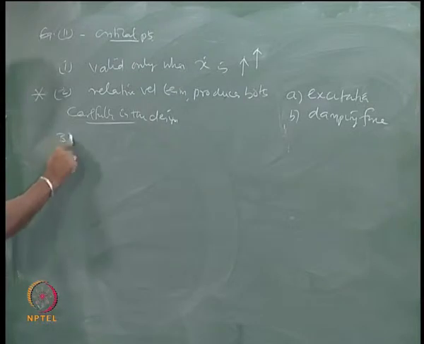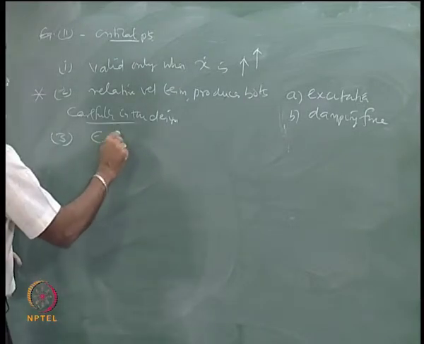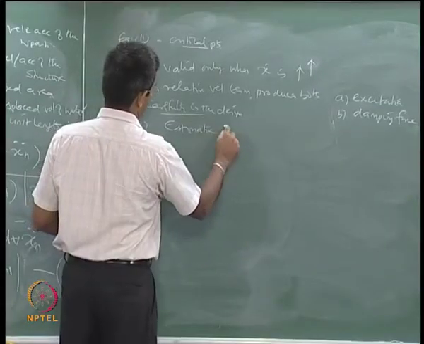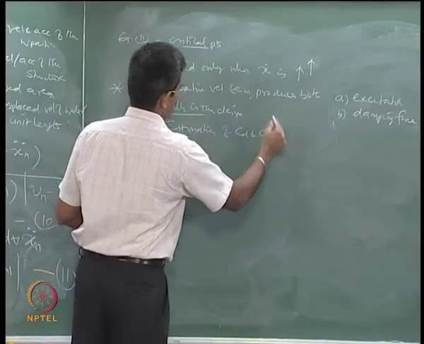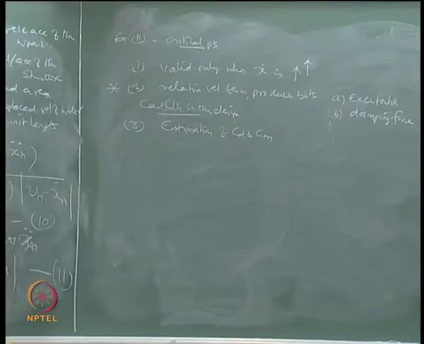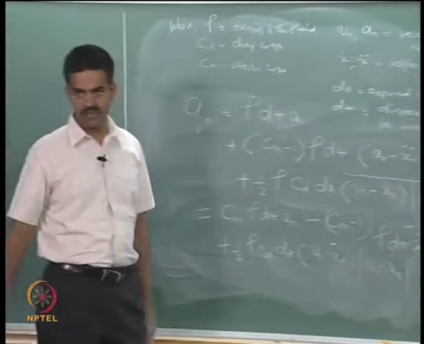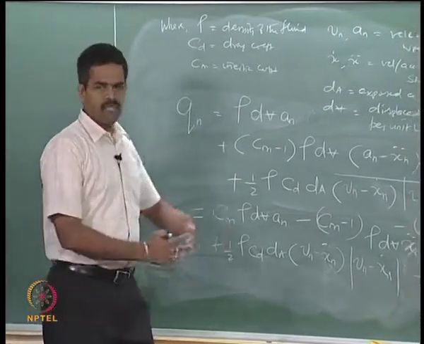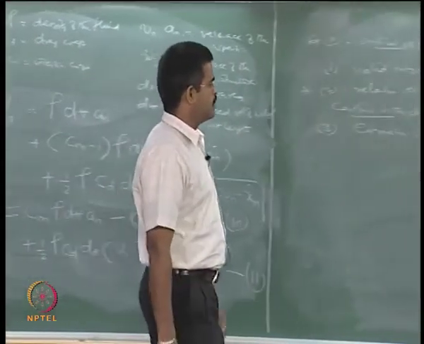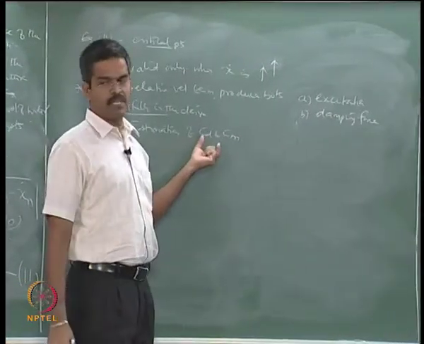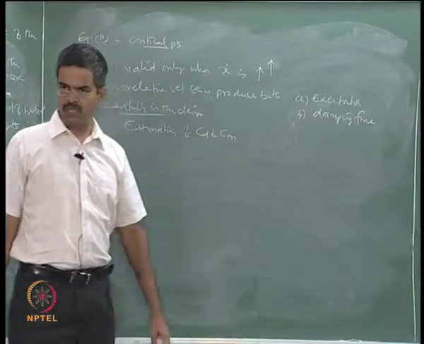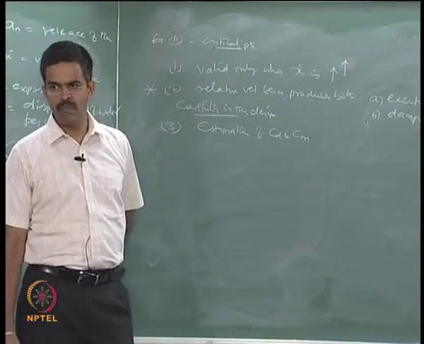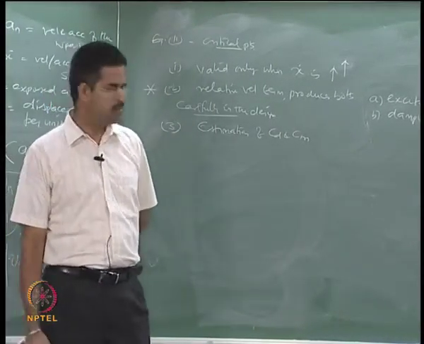The third component in this equation is estimation of CD and CM. That is the drag and inertia coefficients. So, there is intensive research reported in the literature on estimating the drag and inertia coefficients depending upon the Reynolds number and Keulegan-Carpenter numbers.